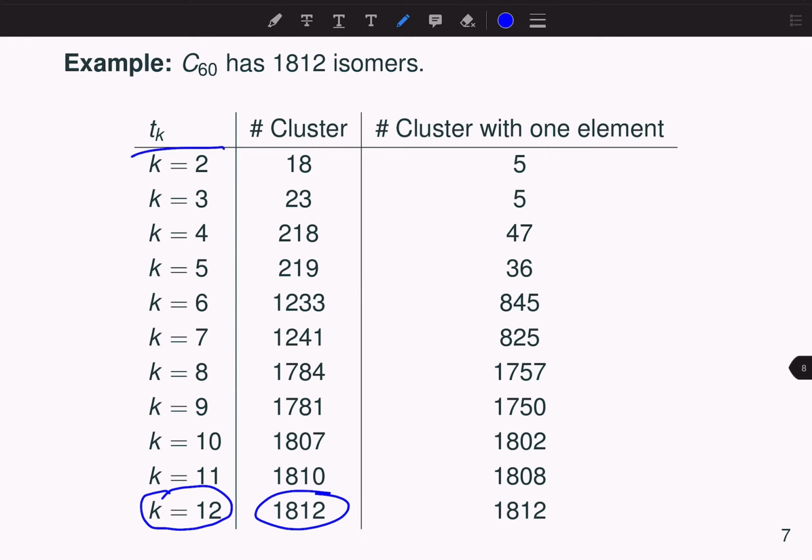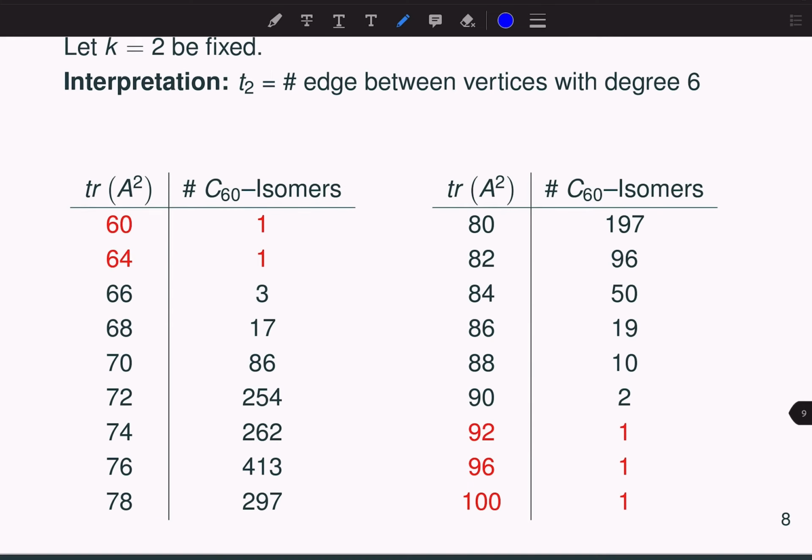So therefore we will consider the case k equal to 2, and we checked how many different classes of fullerenes we get and how many isomers are in these classes. And we found out that the two smallest and the three largest Newton polynomials have just one single C60 isomer in their group.